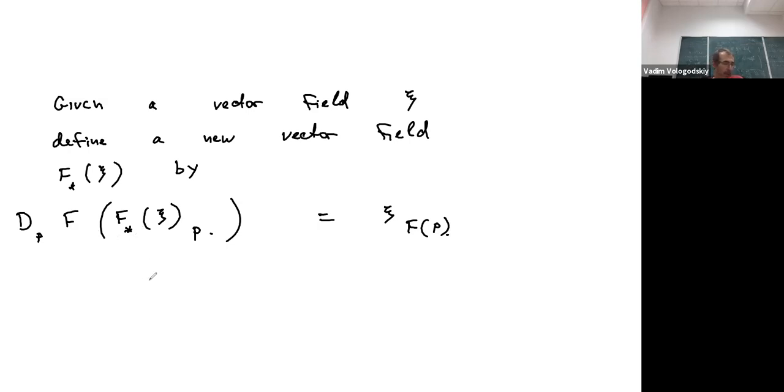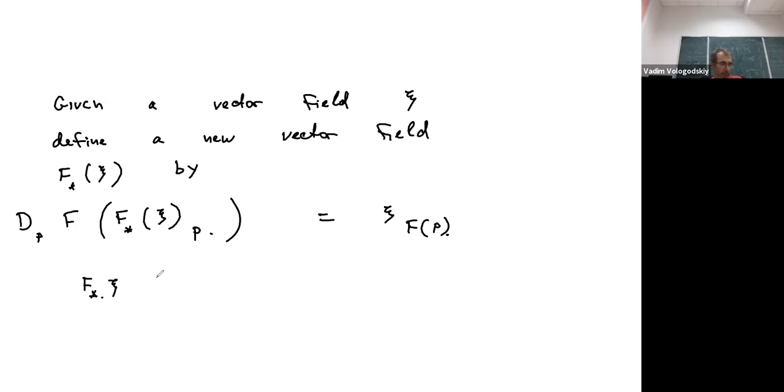Another way of thinking is by how you may... So another point of view on vector fields is that a vector field is a derivation. Suppose you have a vector field Xi, and let's look at this new vector field as a derivation.